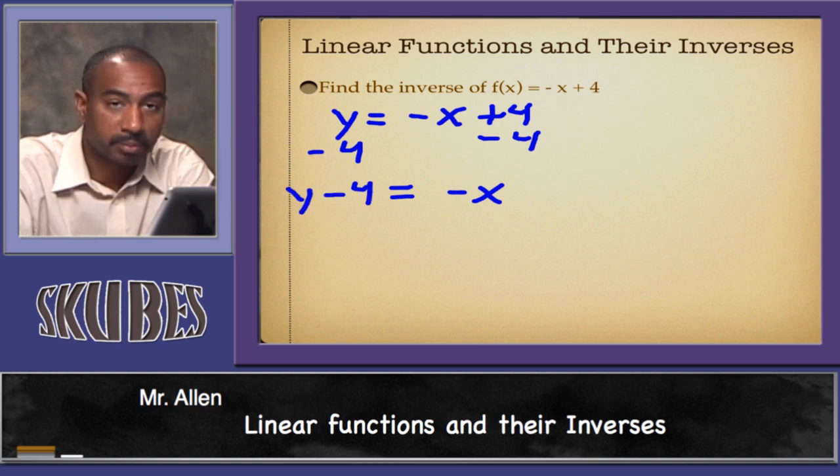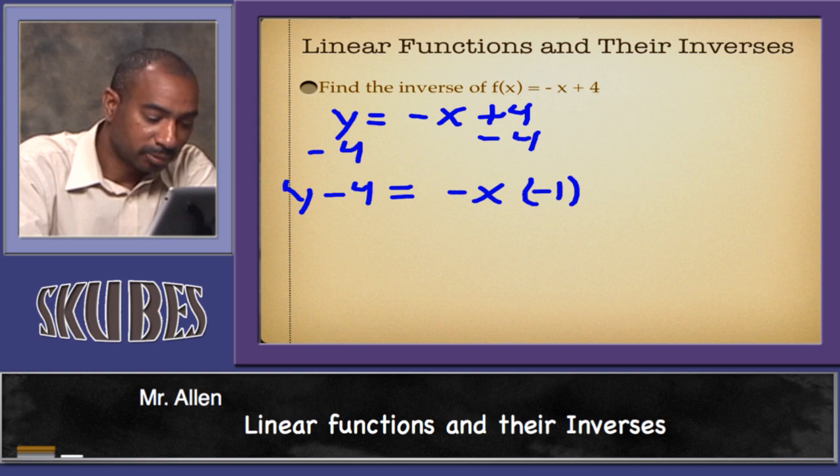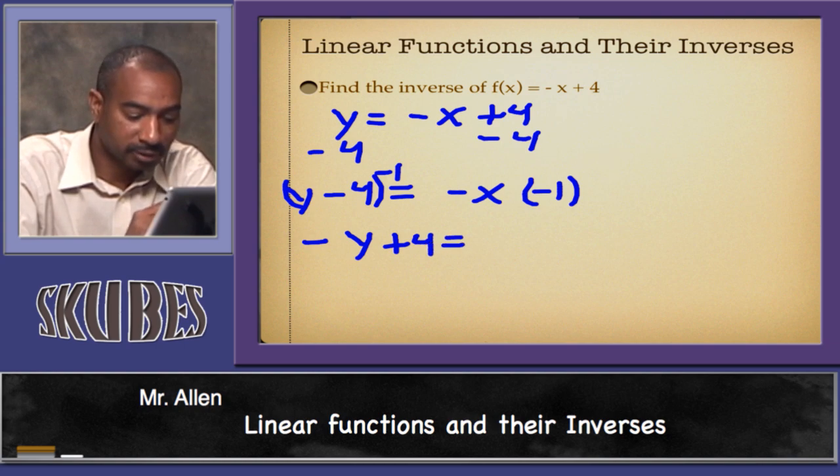And what we're going to do is multiply both sides by negative 1. You want this to be a positive x. So when you do that, you're going to change the signs here. So that'll be negative y plus 4. And negative x times negative 1 is positive x.